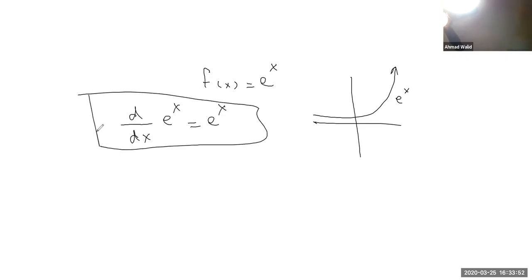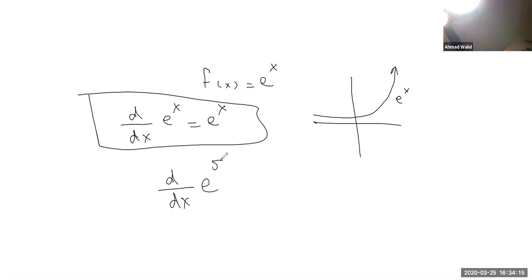Remember, it comes in calculus 1 in different parts. In calculus 2, you will deal a lot with this. Just remember, the derivative of e to the x is always e to the x. It's not changing, correct?